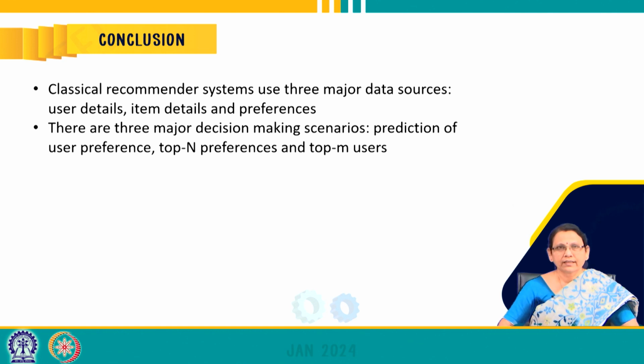Similarly, there are 3 major decision making processes here: prediction of user preference, top n preferences, and top m number of users. When I say top n number of preferences, it is top number of preferences for the items. So, with this I end this lecture.